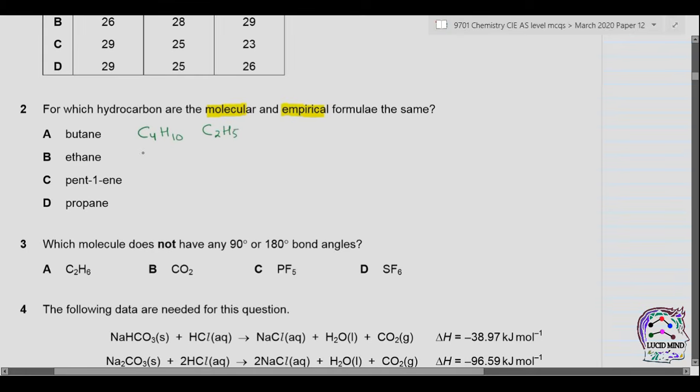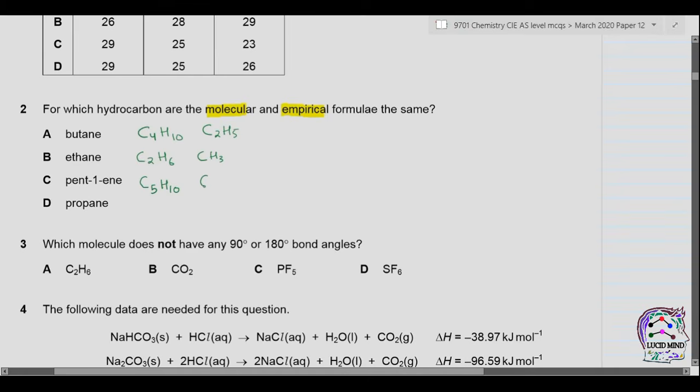For ethane, there are 2 carbon atoms, C2H6, and the simplified formula is CH3. For pent-1-ene, it means the double bond is on the first carbon atom. As it is an alkene, there are 5 carbon atoms and 10 hydrogen atoms.